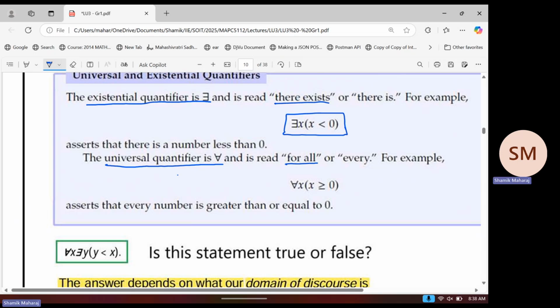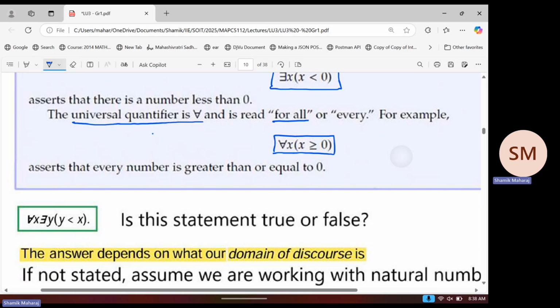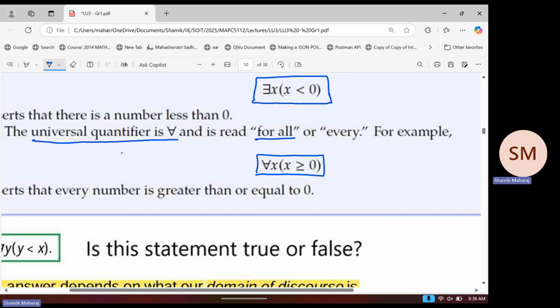So the way we read this at the bottom here is, let's zoom in, for every x, there is an x greater than or equal to 0. Again, just a way to read this.